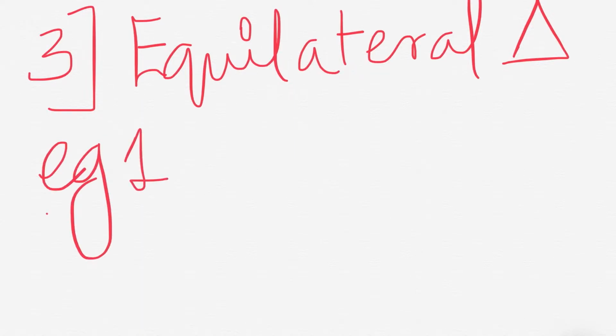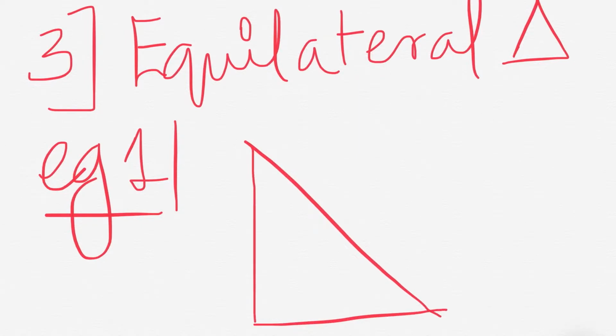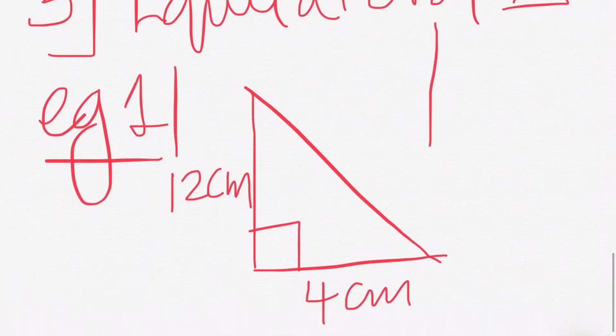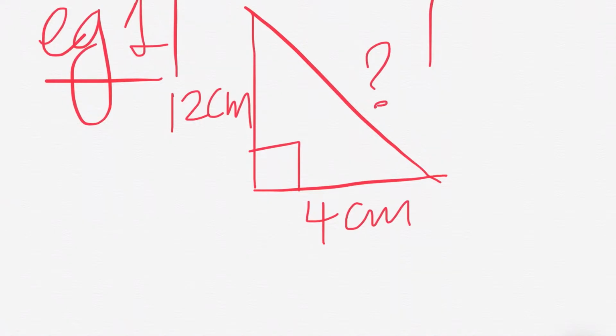Example 1. A right angle triangle having a base 4 centimeter and height 12 centimeter. And then hypotenuse is what we are going to find in order to find the perimeter of this triangle.